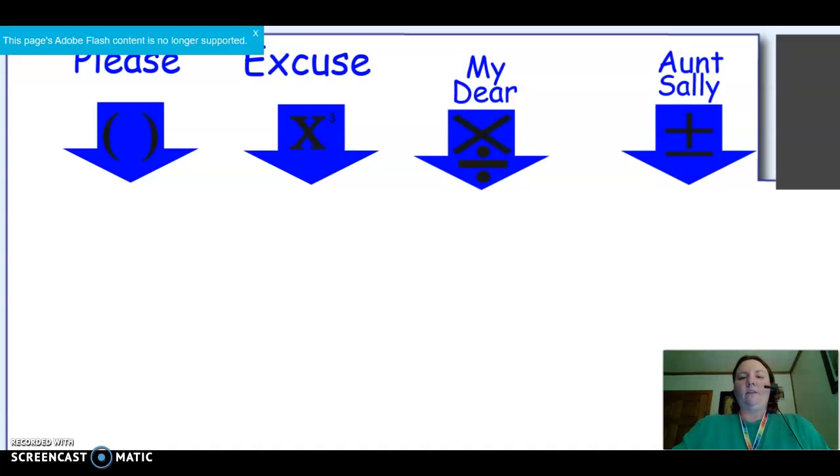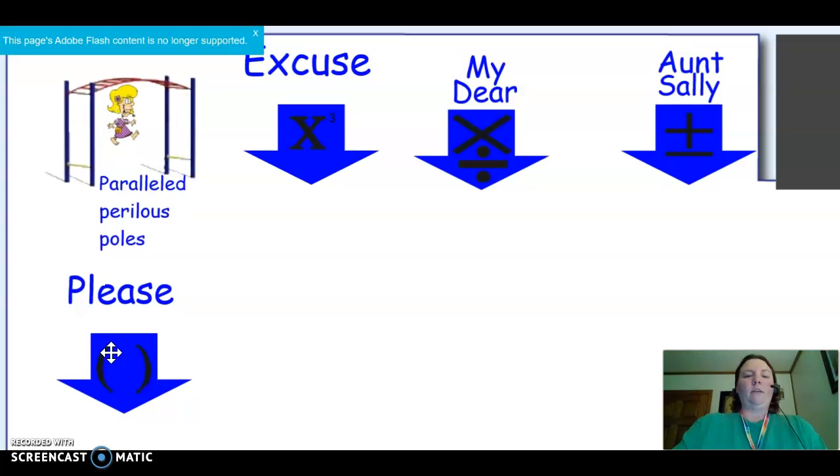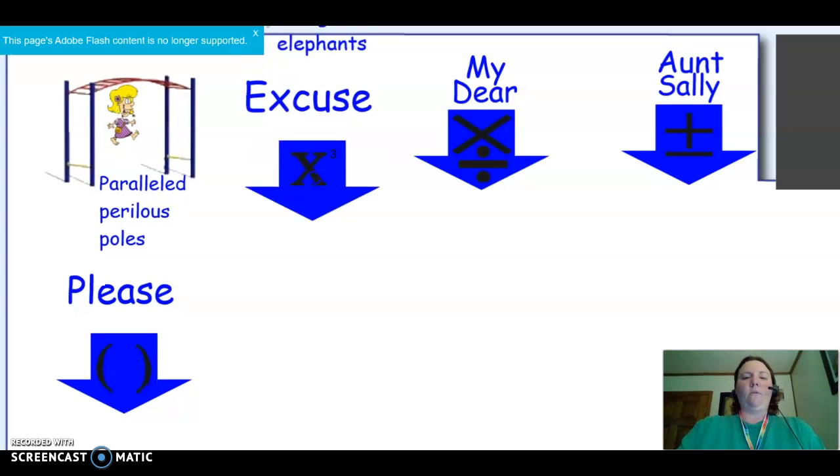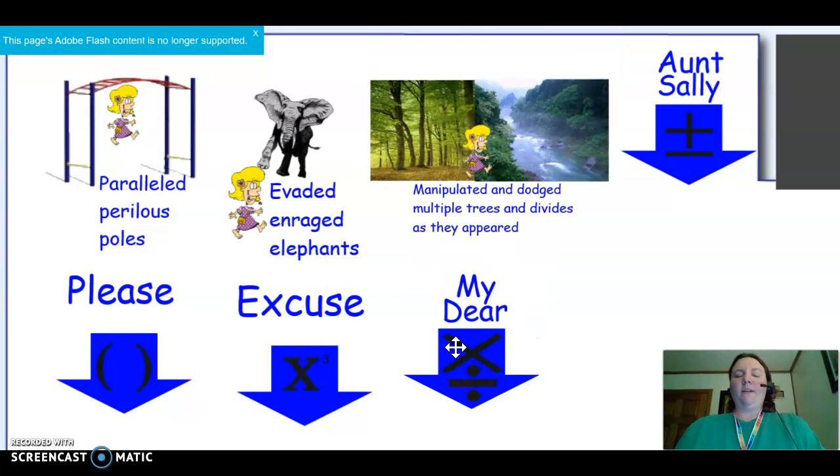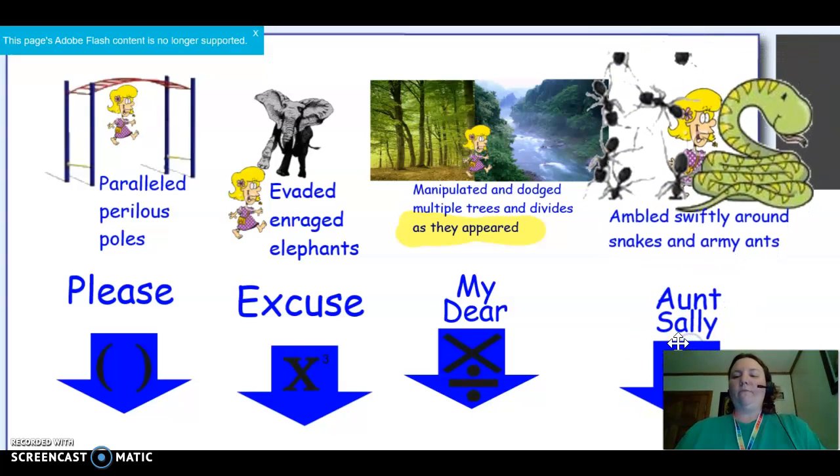She would like you to please excuse my dear Aunt Sally, because she paralleled perilous poles, evaded enraged elephants, manipulated and dodged multiple trees and divides as they appeared. That's really an important part, as they appeared. And finally, she ambled swiftly around snakes and army ants to make her way through a math problem today.